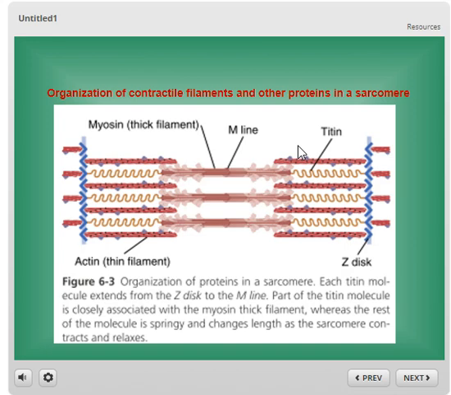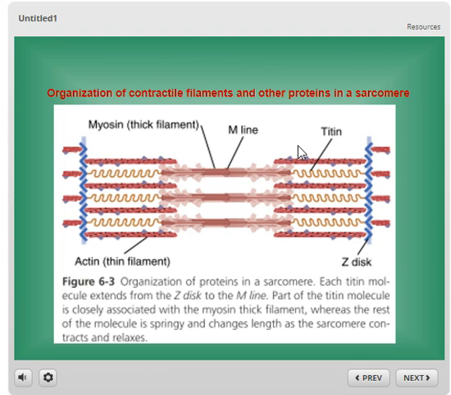But the titin is a large protein that spans half of the sarcomere, connecting the Z line to the M line. The titin provides elasticity and stability to the muscle, allowing it to stretch and recoil, and it helps maintain the structure of the sarcomere and plays a role in muscle contraction and relaxation.